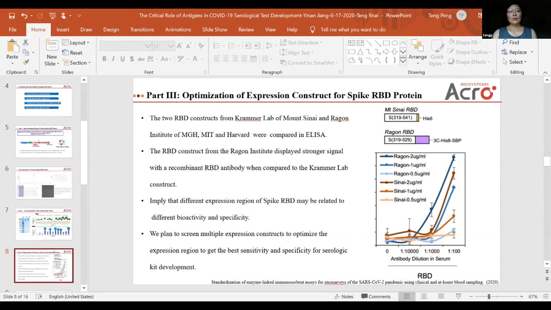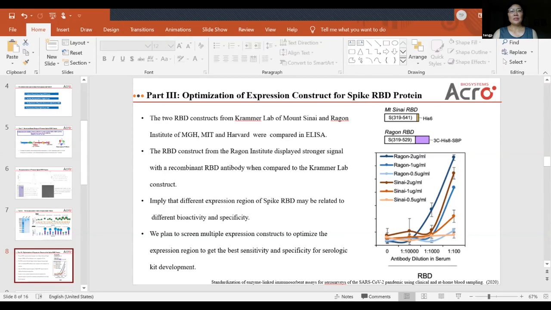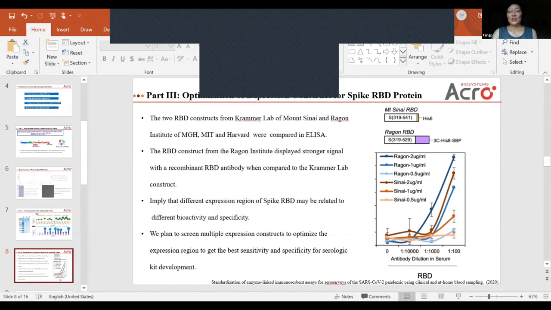And based on those two RBD constructs from two different groups, one is from Monsanto, and another one is from the Regeneron Institute.